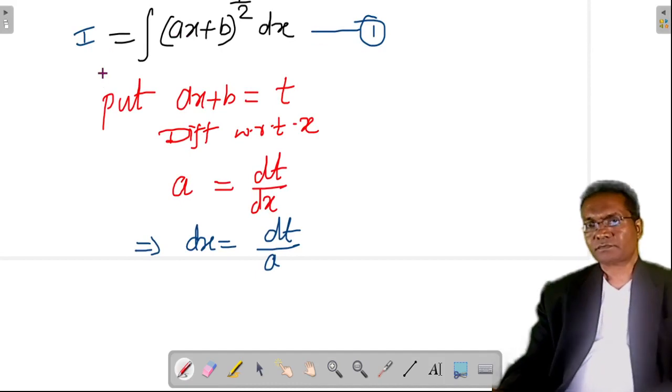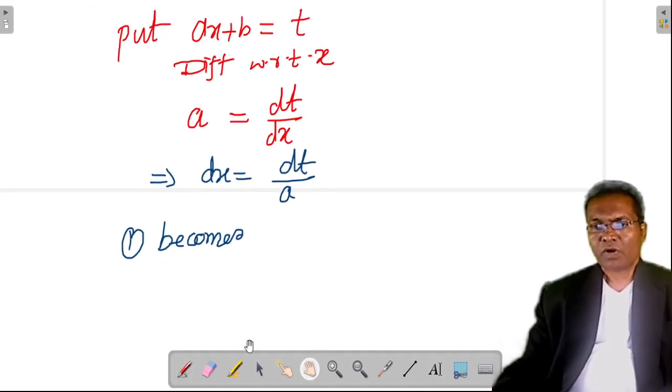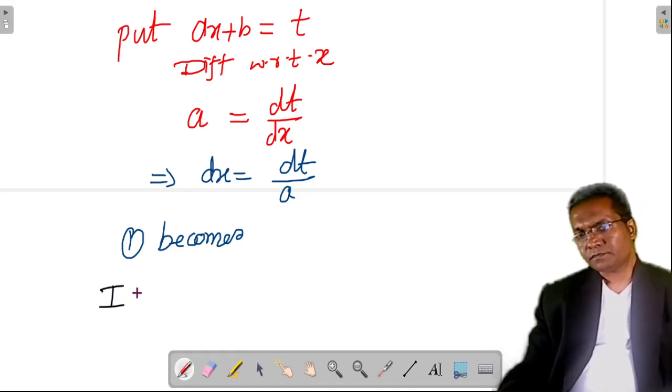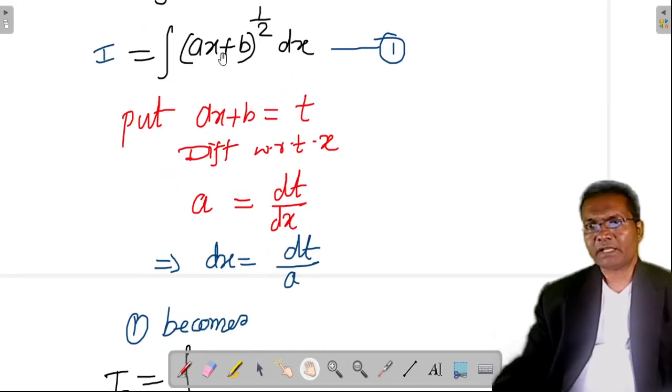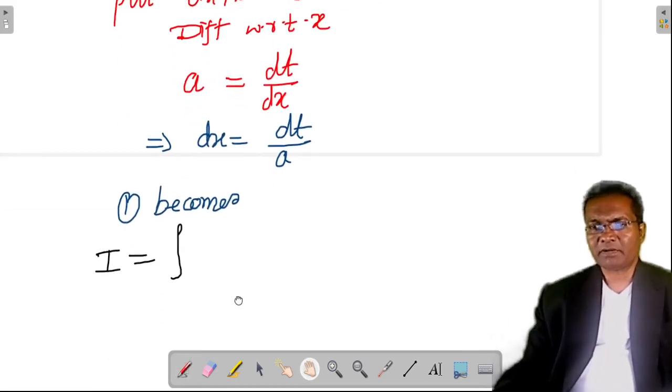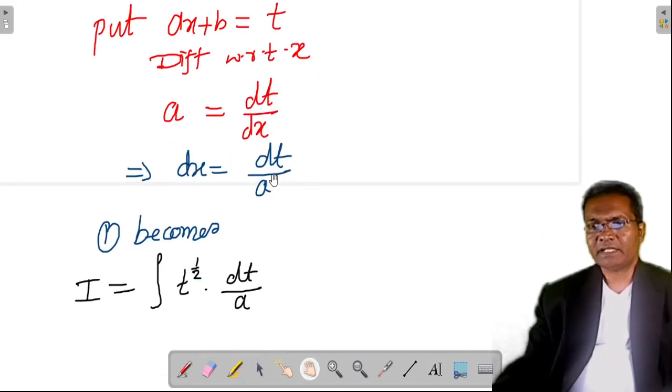So 1 becomes I equals integration of what we had, ax plus b power half means t power half, dx means dt by a. Look at this, we have dx and dx is dt by a.